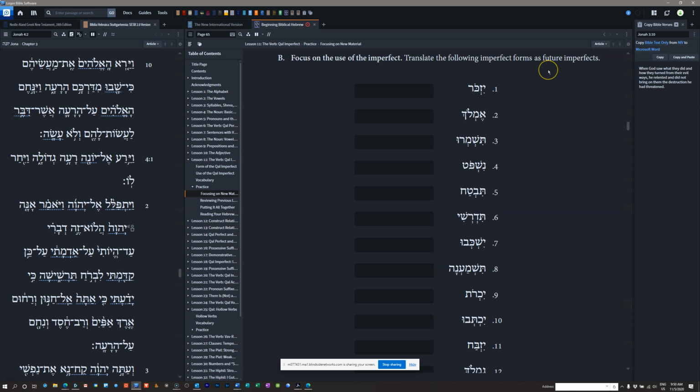That's understood as an imperative, even though the form is not imperative. There's a separate form for the imperative. It's understood as a command. So the imperfect gets used a lot of different ways. He specifically wants us to focus on the future. We'll learn about those other uses of the imperfect later on.